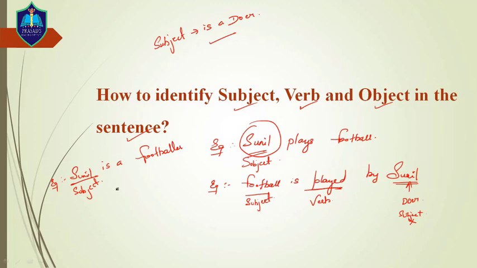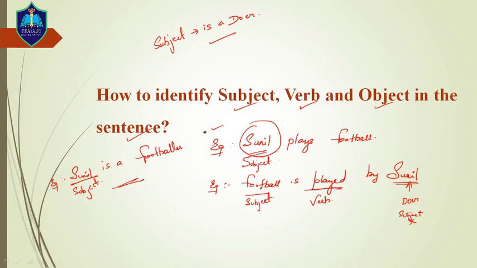In all these examples, we don't find any doing words or action words, right? If no action is happening, then from where will the doer come? This is just a statement. So from this we got to know that the subject is not always a doer. Yes, it is a doer in a few situations.